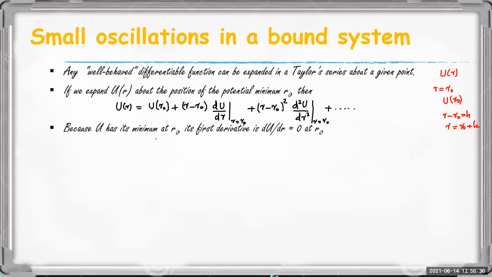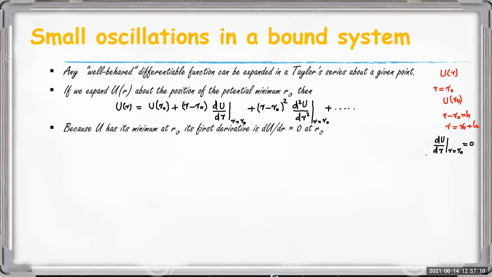We know that u of r0 is the minimum potential energy point. So at that point du by dr must be equal to 0. So we have du by dr at r equal to r0 equal to 0. Why?